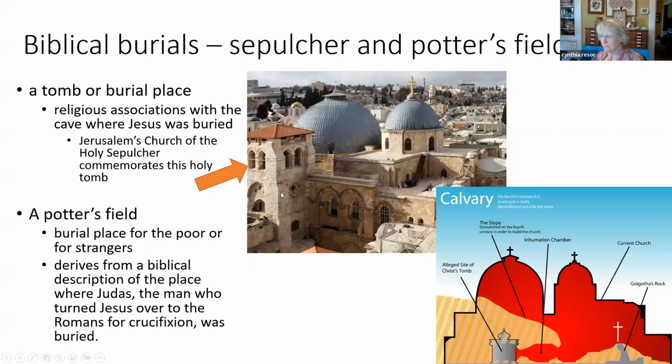Finally, there's places that are associated specifically with Christianity. And this is true with any religion, there's specific things related to that faith. But of course, the sepulcher is usually associated with the place where Jesus's body was placed when he was crucified.